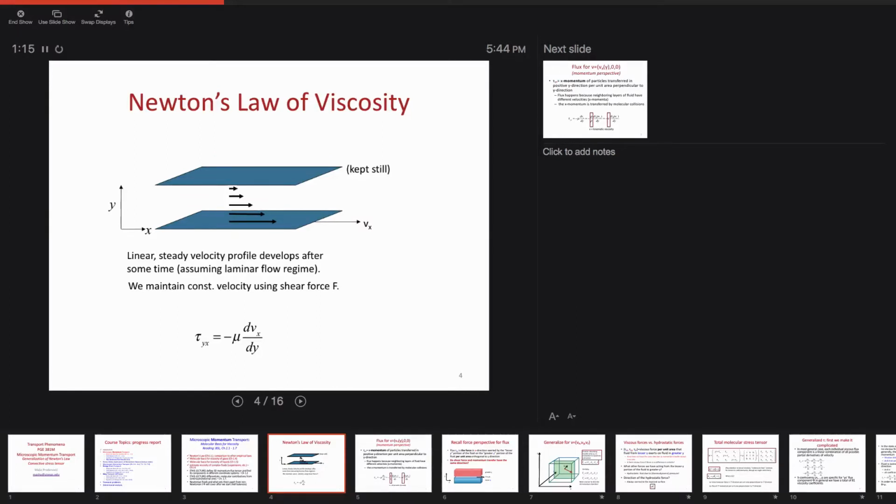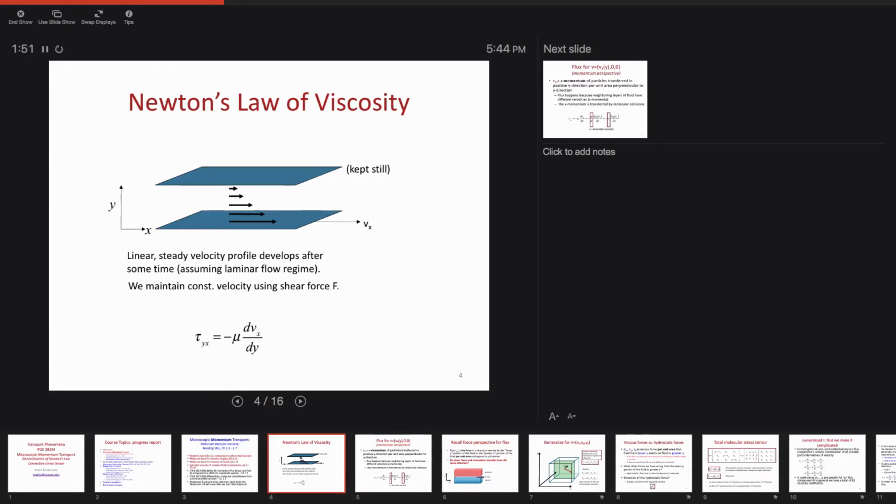Newton's law of viscosity is tau yx equals minus mu dvx dy. And as I said, we actually looked at a very simplistic situation when we described this. Nevertheless, we did assign it directionality. So we were looking at the difference in x velocity, x momentum. I'm assuming a constant density, rho, so whether I multiply with it or not doesn't really matter.